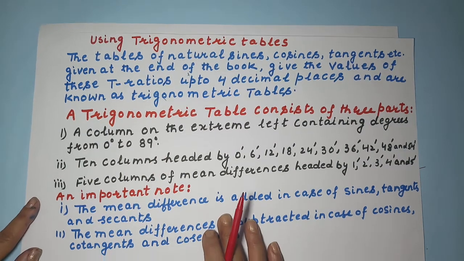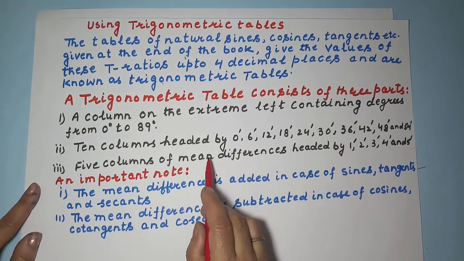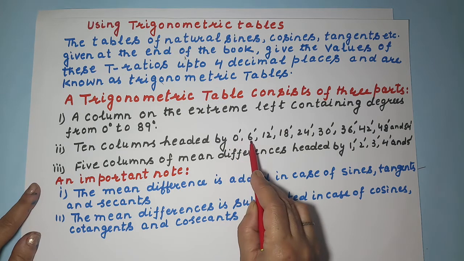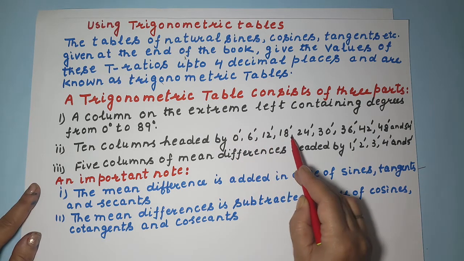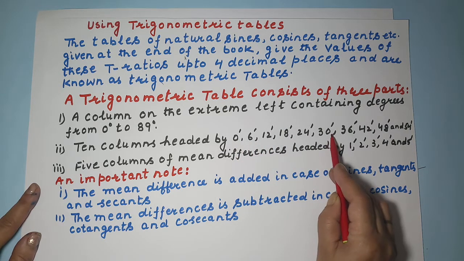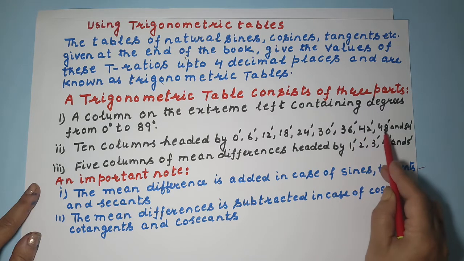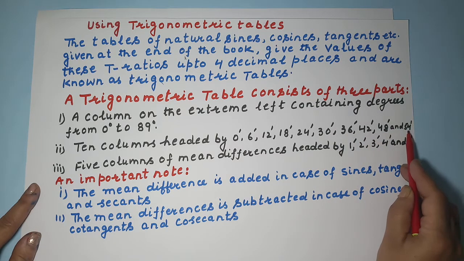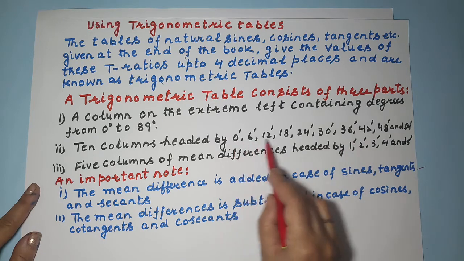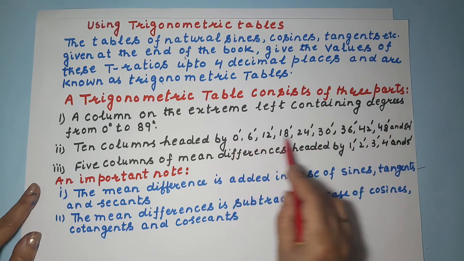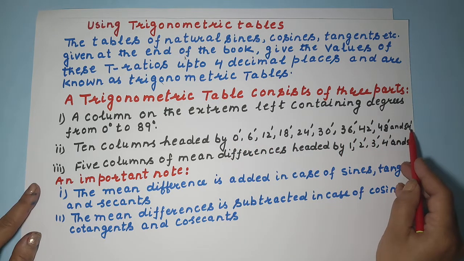After that, we have 10 columns headed by 0 minutes, 6 minutes, 12 minutes, 18 minutes, 24 minutes, 30 minutes, 36 minutes, 42 minutes, 48 minutes and 54 minutes. If you look at them, they are all multiples of 6, right?